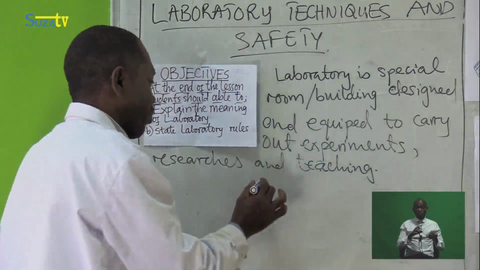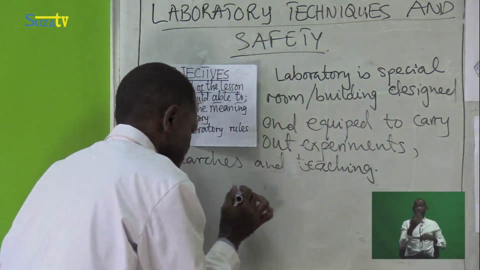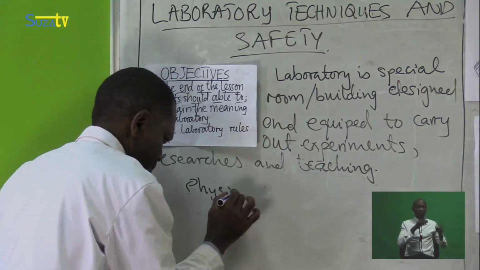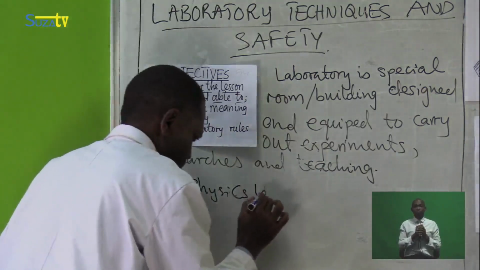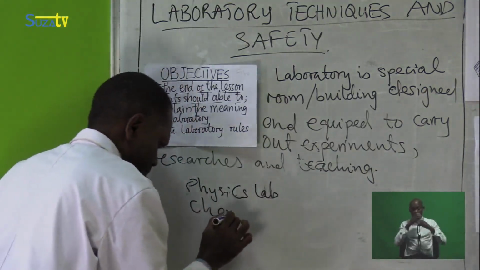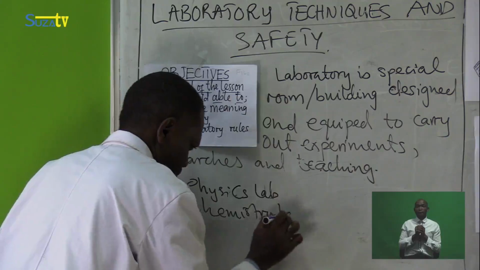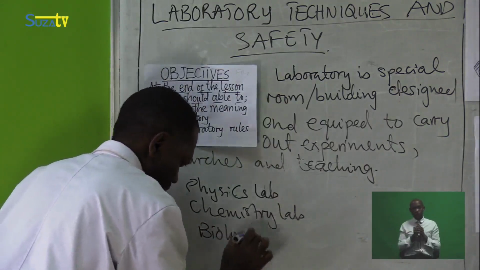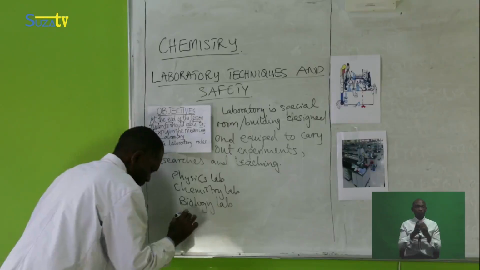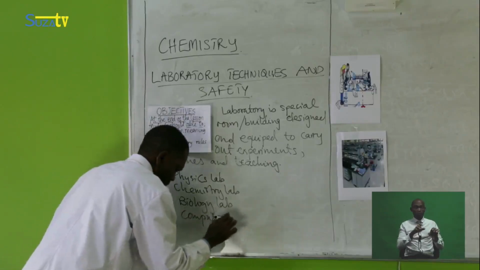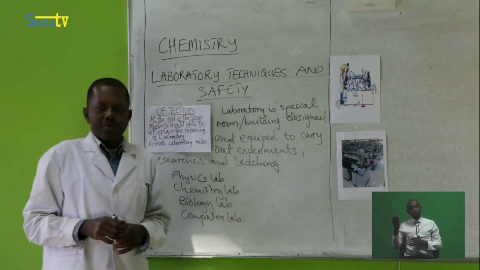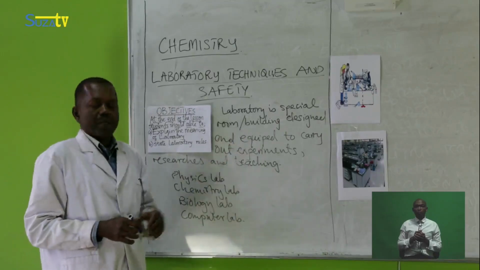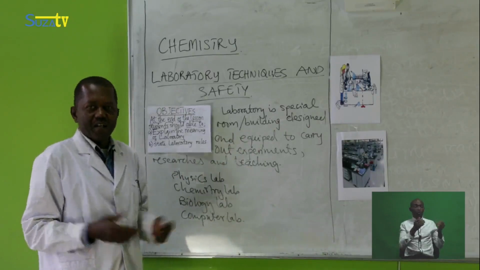So we have four or more: the physics lab, the chemistry lab, the biology lab, the computer lab, and so on. Since a laboratory is designed and equipped for carrying out experiments, there are different kinds of experiments.